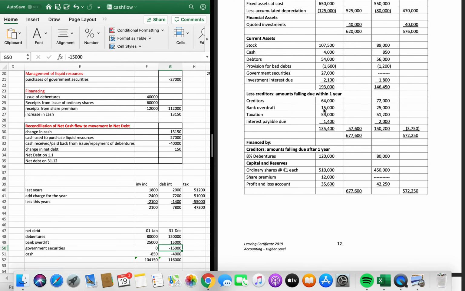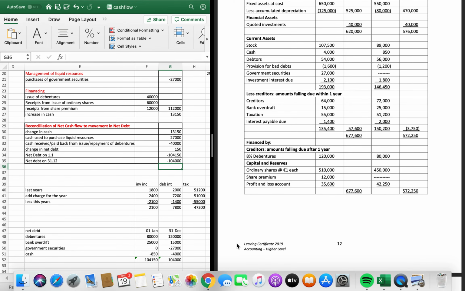Government security should have been 27,000 there, sorry. And 4,000, yeah. So then we look at that. Our net debt on the 1st of January is 104, 150. Put it in as a minus. And then at the end of the year, it's 104,000. You have a change in net debt of 150. So plus 150 minus 104, 150 is minus 104. And those numbers tally up. Okay, so that's your cash flow statement.